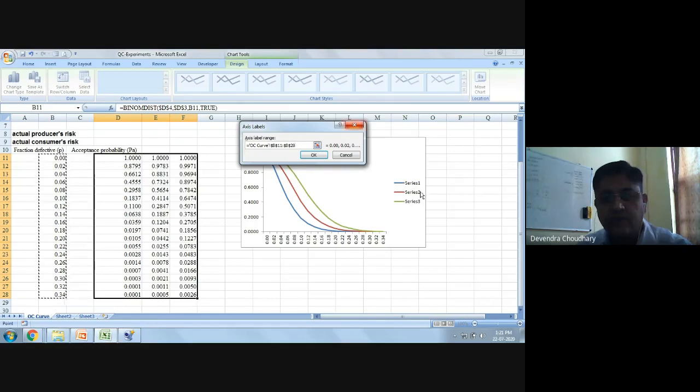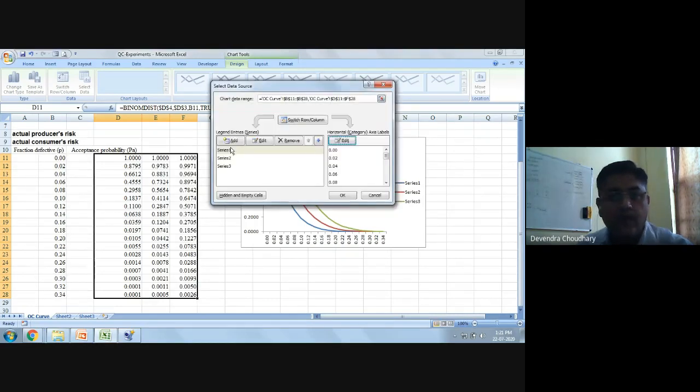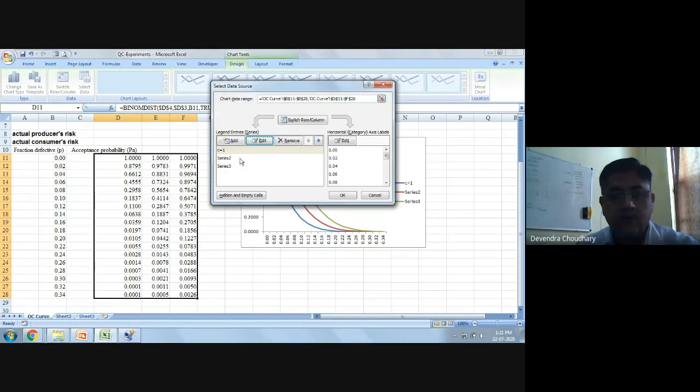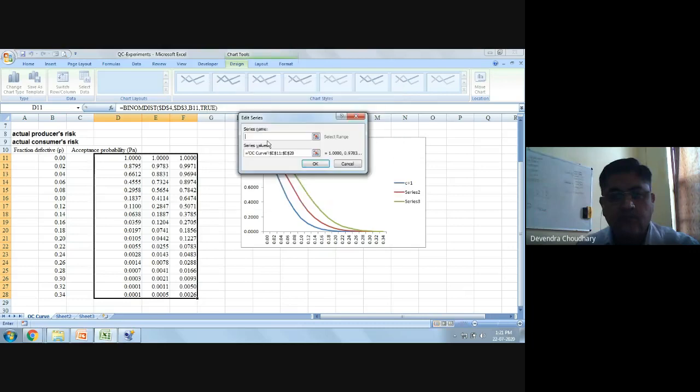You can extend, okay. Then the series you can edit by typing: this is for C equal to 1. This second series is for acceptance number C equal to 2.